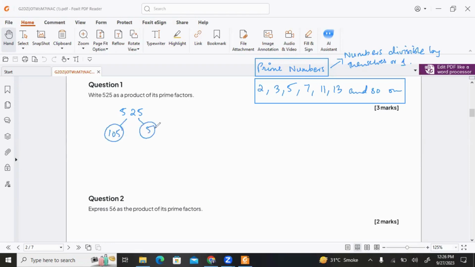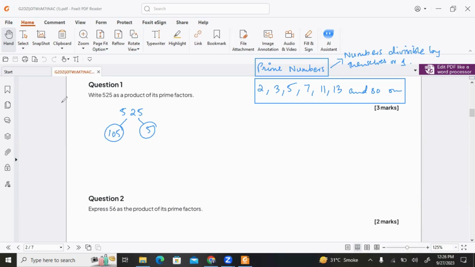Now this is a tree diagram which you make in order to break down the number into its prime factors. 5 is a prime number, so we cannot further break it down because it's only divisible by itself and 1. So we let 5 be as it is, and we start breaking down 105.